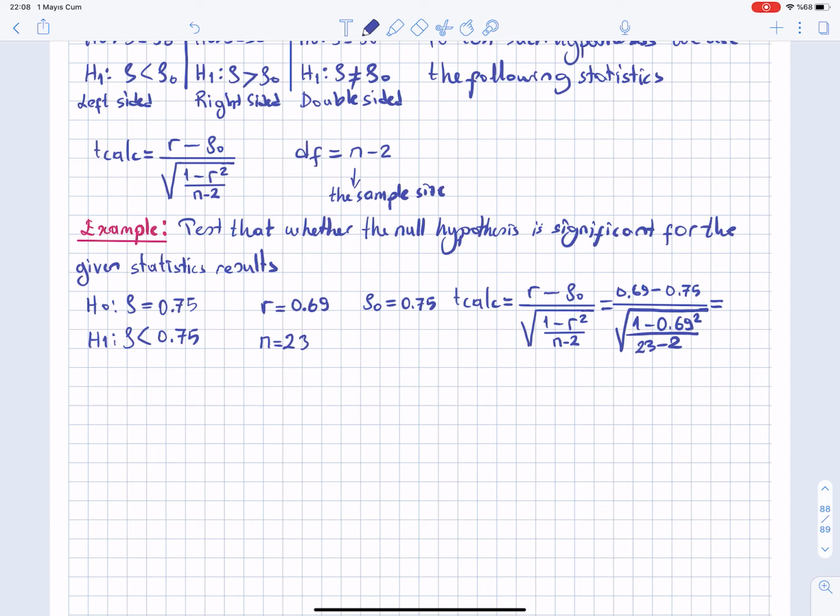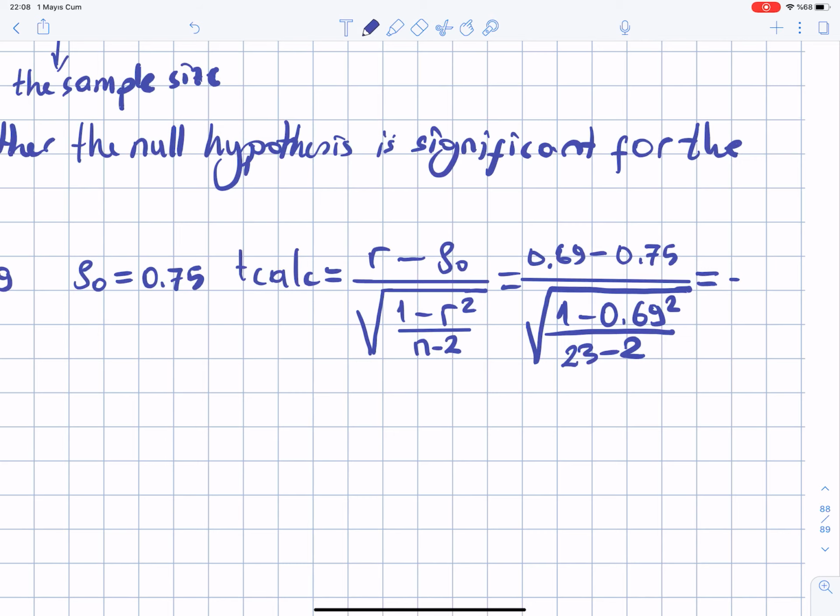Using my calculator: 0.69 minus 0.75, divided by the square root of 1 minus 0.69 squared, divided by 23 minus 2, and the result is minus 0.38.